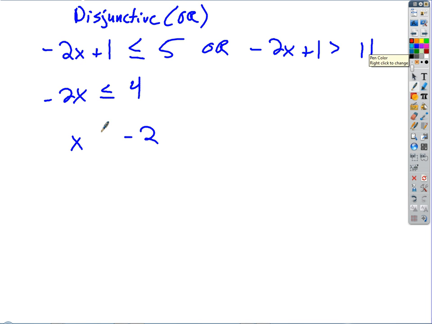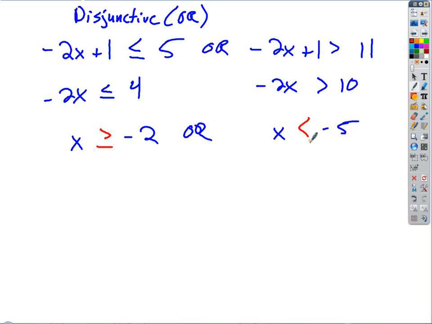Okay, so we're going to get that. Or, what about over here? Okay, I'm going to subtract 1. So I'm going to get my negative 2x greater than 10. Divide by negative 2, so I'm going to get an x and a negative 5, and got to flip it. So that's my answer. Right?